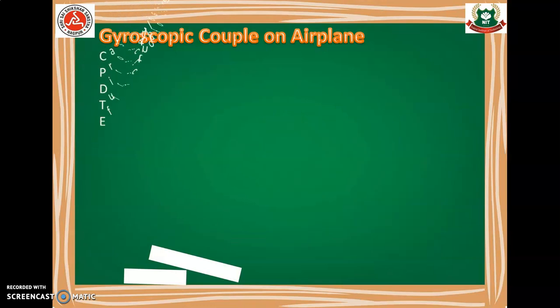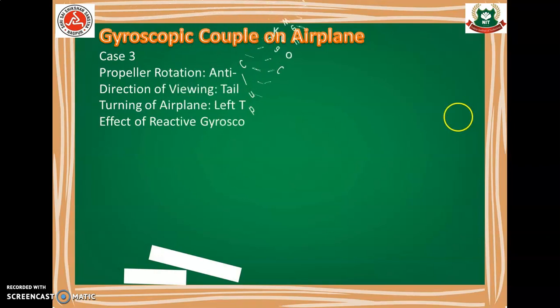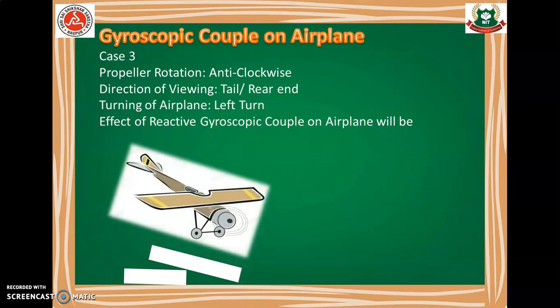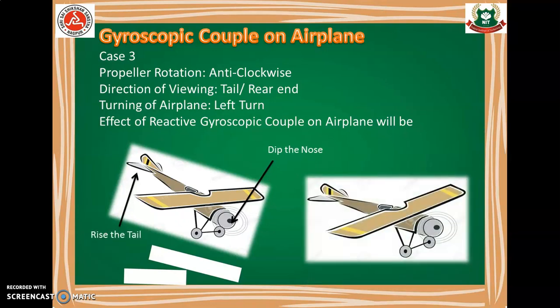Now let us see case number 3. In case number 3, the propeller is rotating in anti-clockwise direction. We are observing the plane from the rear end, and plane is going to take a left turn. So the effect of reactive gyroscopic couple on airplane will be, it will dip the nose and it will rise the tail as compared to the normal conditions.